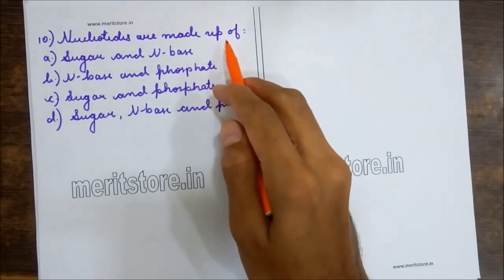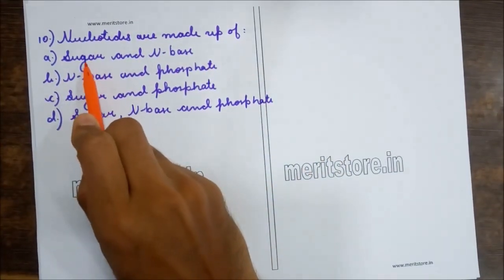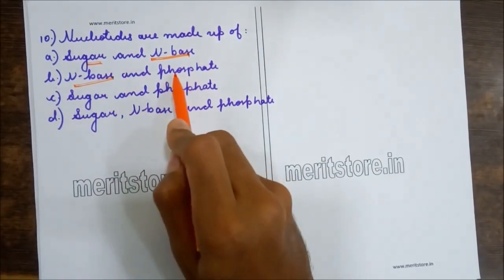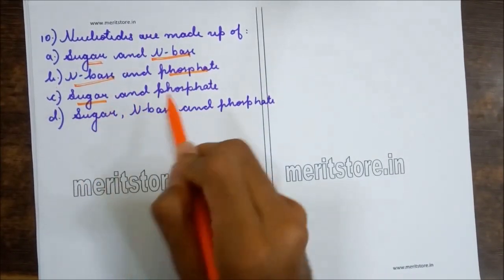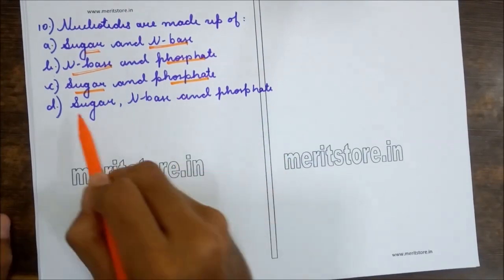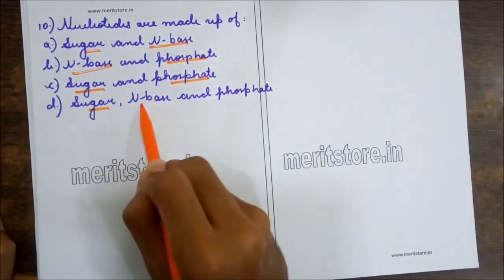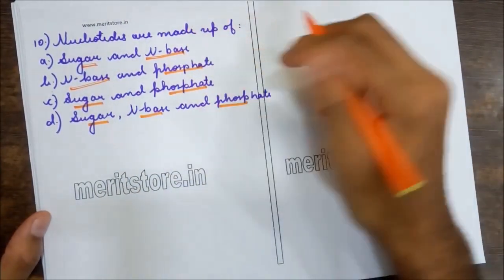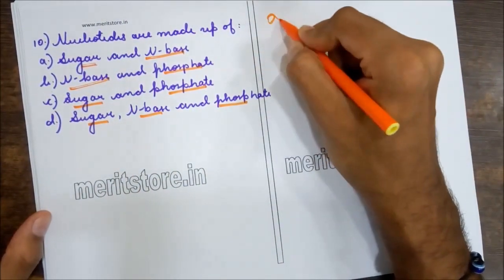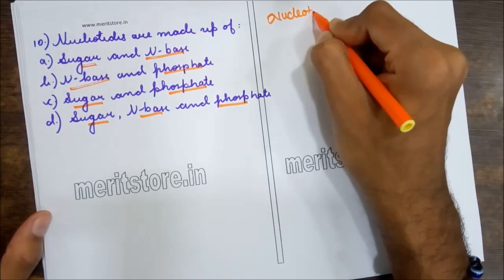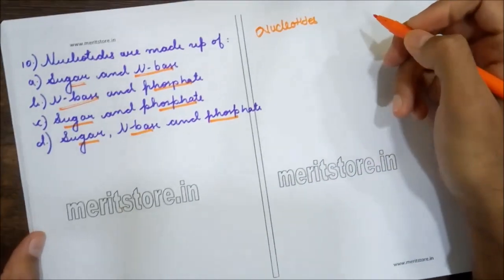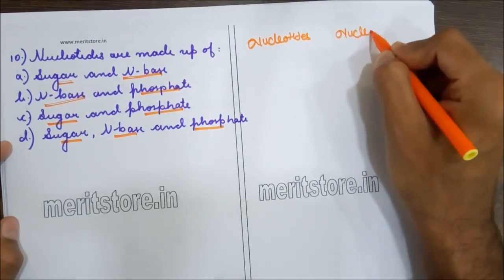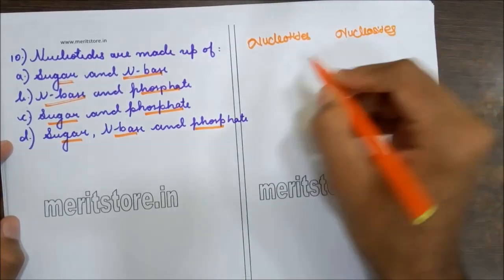Question number 10. Nucleotides are made up of option A sugar and nitrogen base, option B nitrogen base and phosphate, option C sugar and phosphate, option D sugar, nitrogen base and phosphate. In this question you need to understand two terms, that is nucleotides and nucleosides.